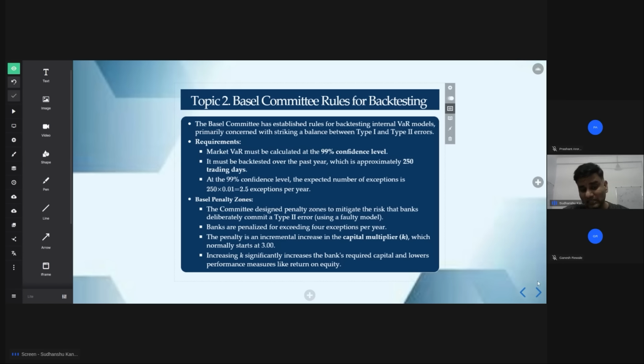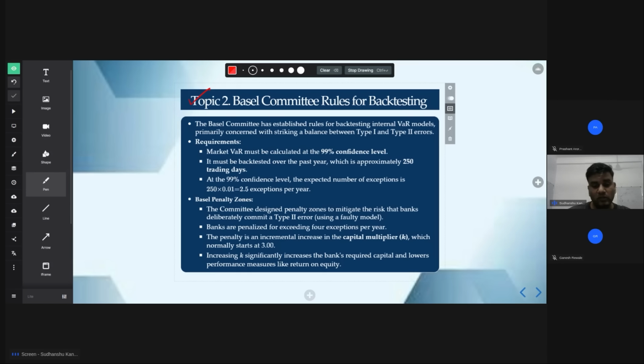The last part in your syllabus in this chapter is the Basel Committee rules for backtesting that we need to understand. Focus here, guys. The whole idea is that the Basel Committee, the global banking regulator, created rules for backtesting. Why?